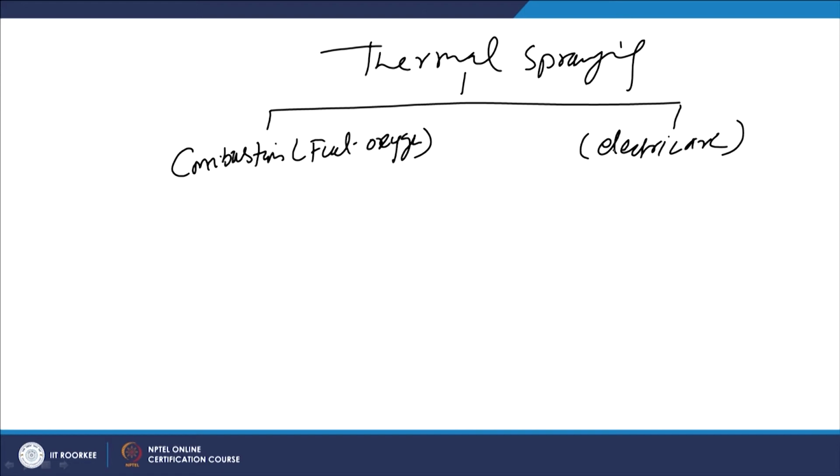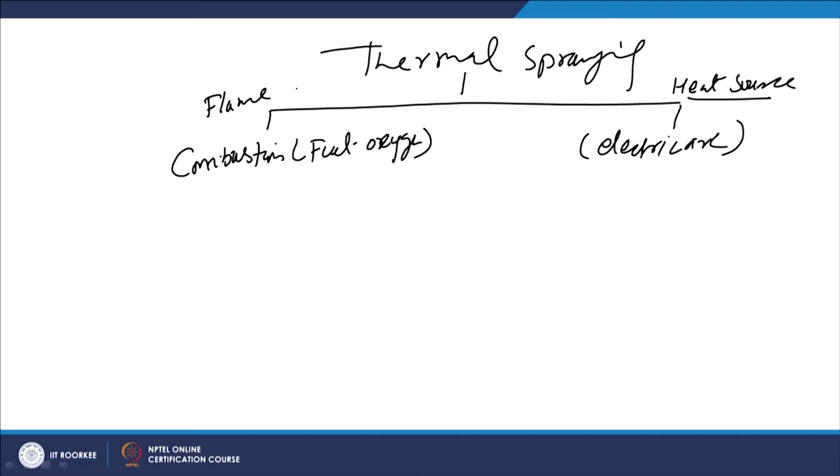So, basically the grouping is based on the kind of the heat source which is being used. Here heat source is electric arc, and in this side heat source is the flame which is obtained through the combustion of the fuel gas and the oxygen. Maybe it may be acetylene, kerosene or any other kind of the fuel which can be used for the combustion purpose.